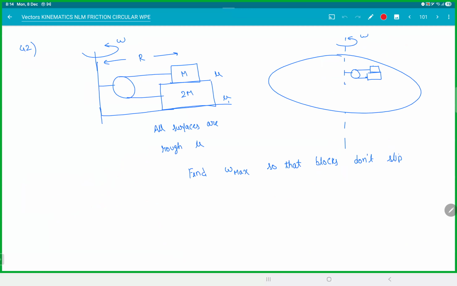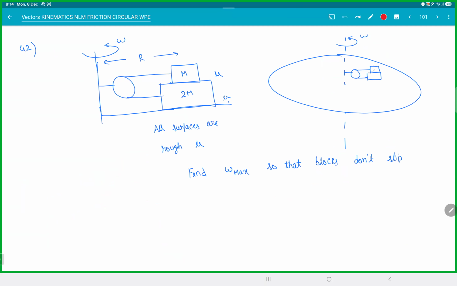We have two blocks, M and 2M, on a disk, and the disk itself is rotating with omega. All surfaces are rough, mu. Find the maximum omega so that the blocks don't slip. It's the same picture, I've just kept it magnified here. I hope you got the question.